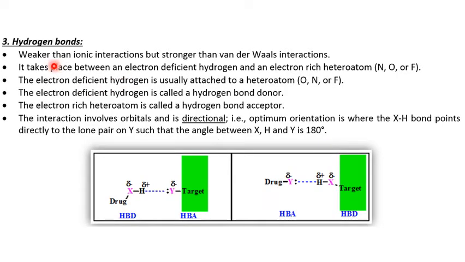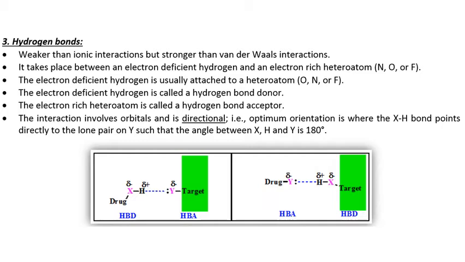The third type of intermolecular bond is the hydrogen bond, which is weaker than ionic interactions, but stronger than van der Waals interactions, which we will see after this one.